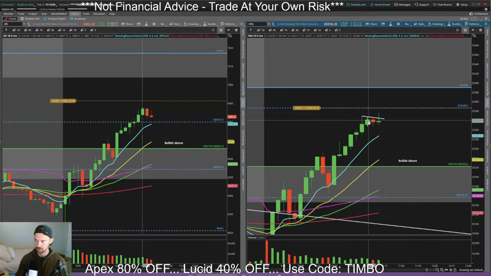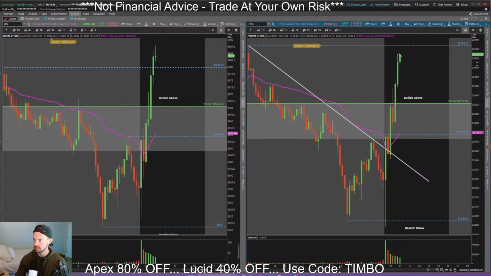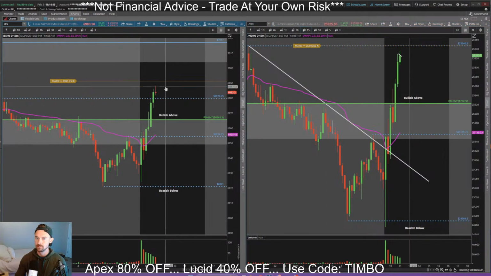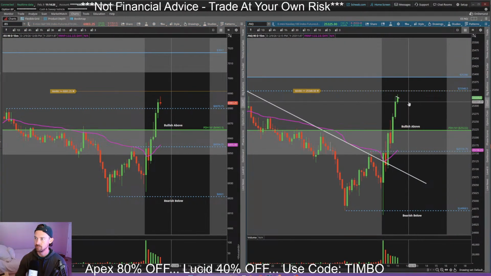Definitely looked like it was due for something a little bit deeper than this. But we'll see. Looks like the buyers are still stepping in here on NQ. We got a new 15-minute candle coming here, 45 seconds. NQ a little bit stronger here the last 15.